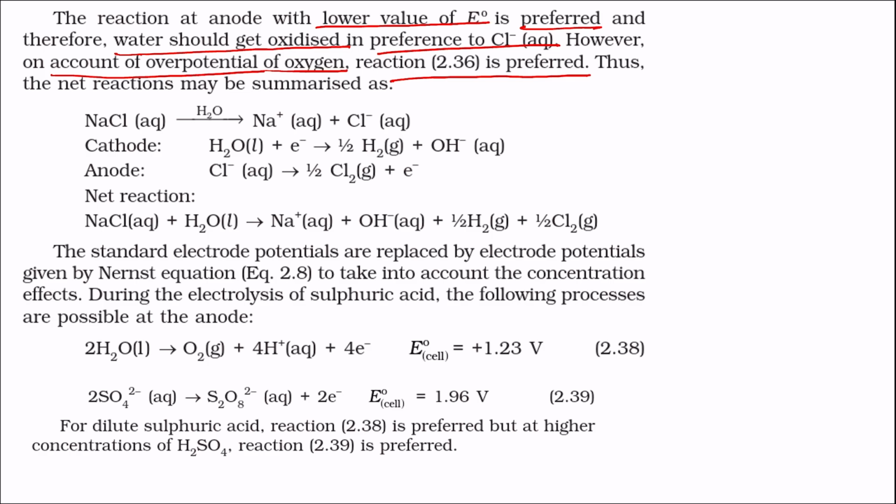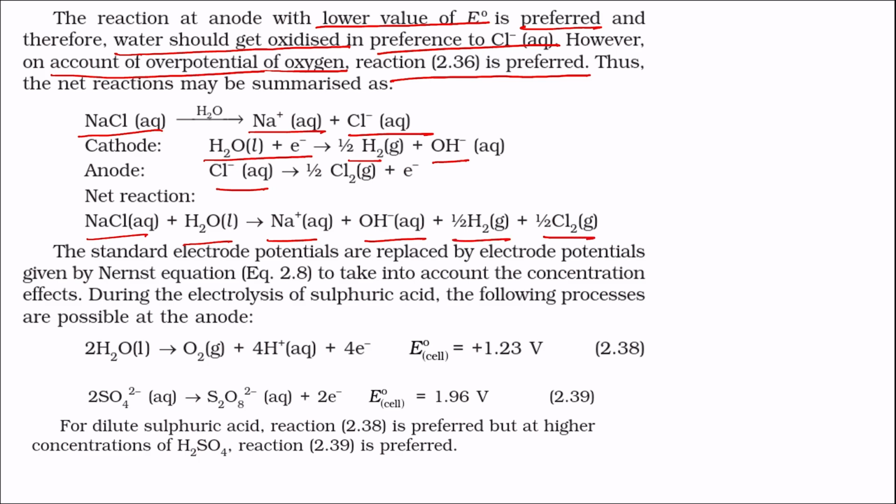Thus, the net reaction may be summarized as NaCl breaking into Na+ and Cl- ions. At the cathode, reduction of water, hydrogen gas is produced, OH- ion goes into the solution. At the anode, chloride ion is oxidized to give chlorine gas. So the net reaction is NaCl plus H2O forming Na+ OH-, and hydrogen and chlorine gases are formed.